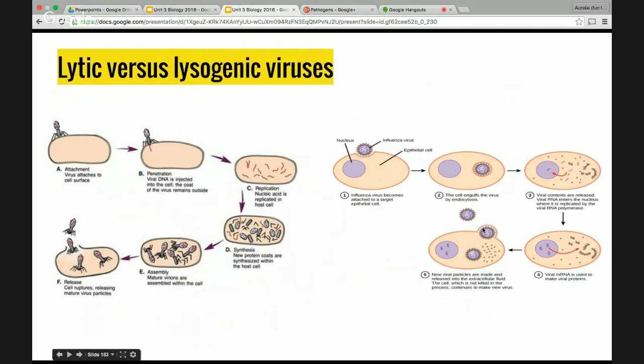But what happens in the process is, because they have that cell membrane from the host cell around them, it makes it hard for the host immune system to fight those viruses. They've stolen the cell's recognition molecules, so it's hard for the immune system to detect the lysogenic viruses.